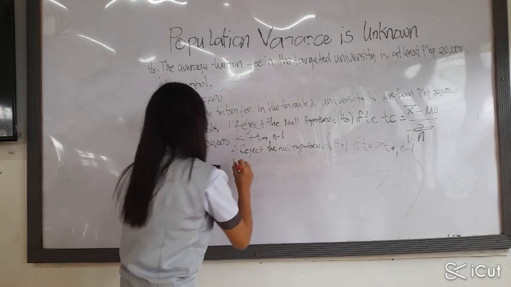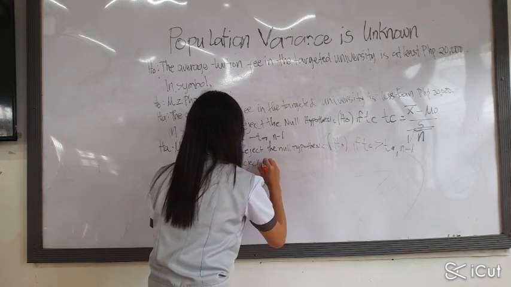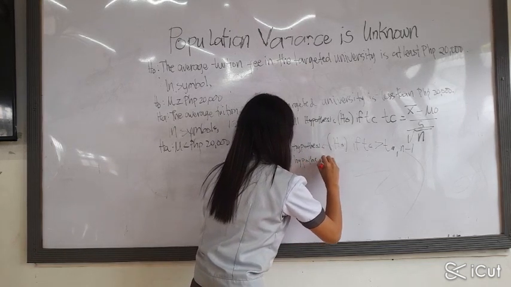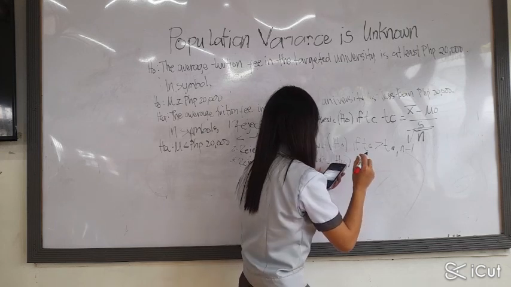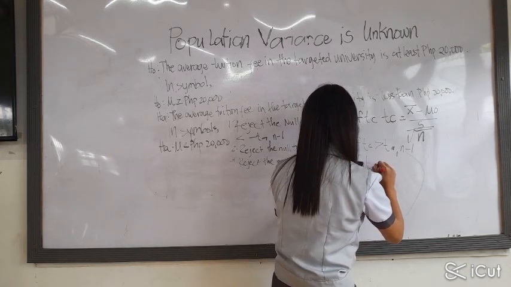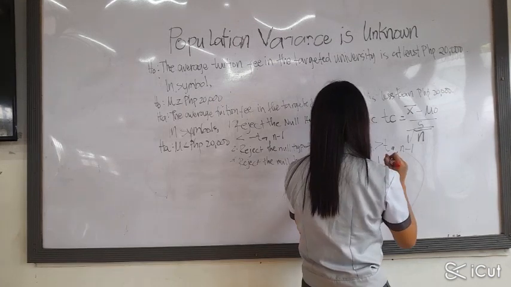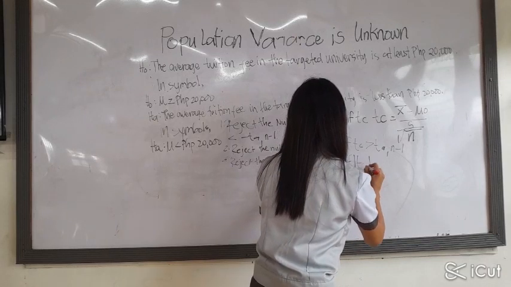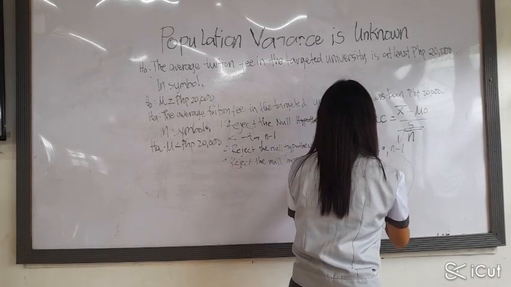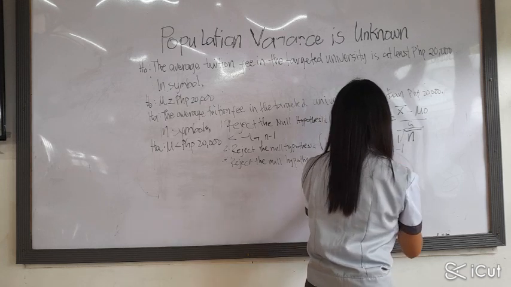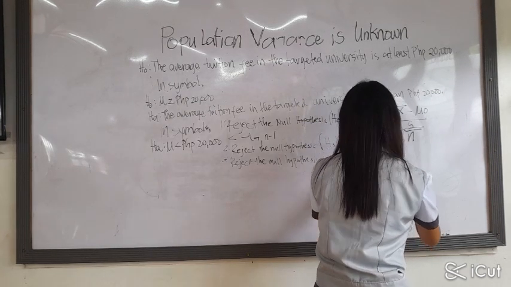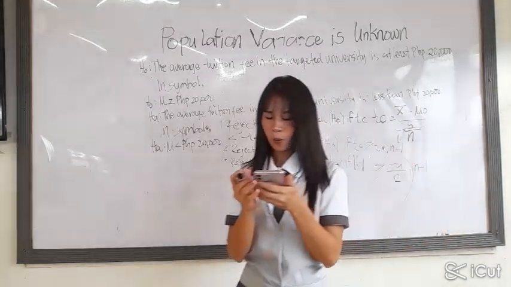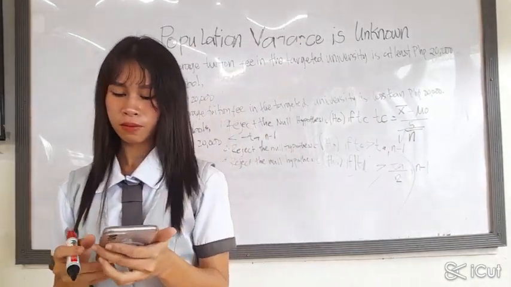Number 3, reject the null hypothesis if the absolute value of t sub c is greater than t sub alpha divided by 2 with n minus 1 degrees of freedom. Otherwise, we fail to reject the null hypothesis.